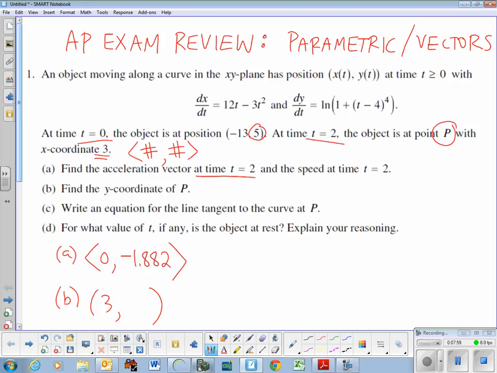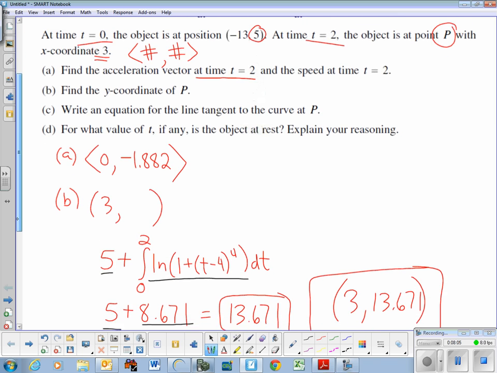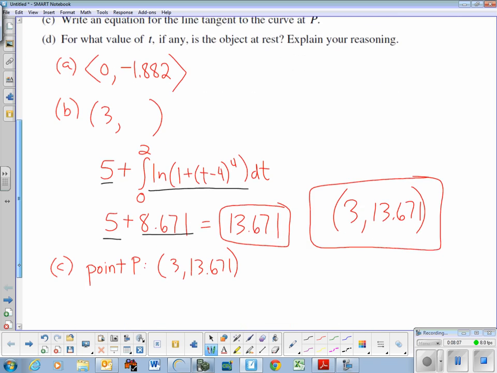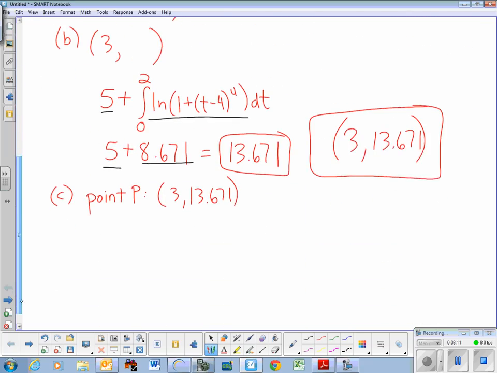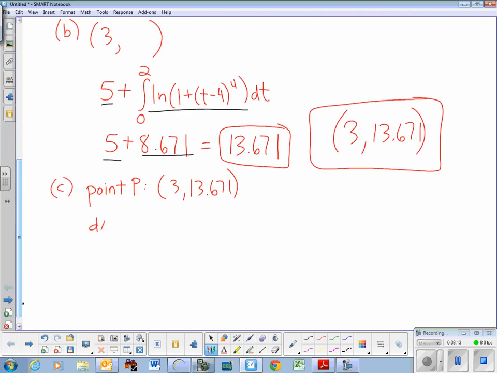I need dy/dx, change in y over change in x, all of this evaluated at t equals 2.